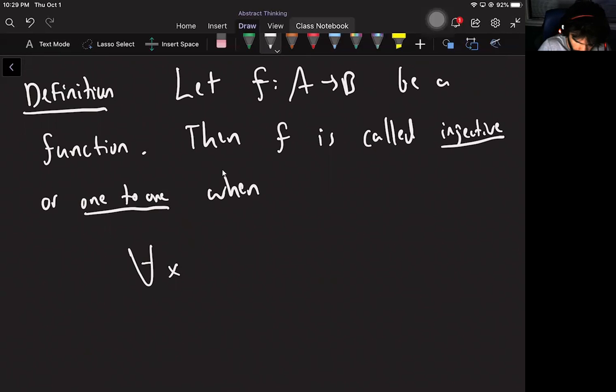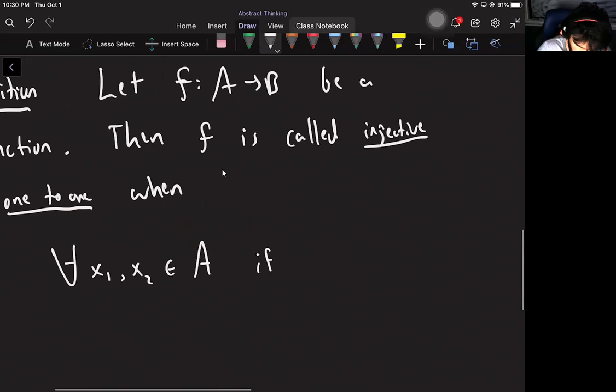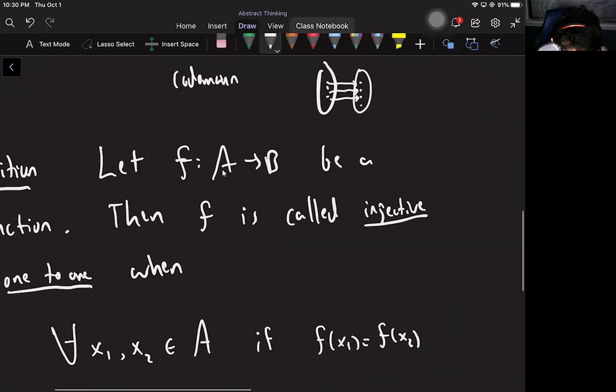So whenever you have two inputs, actually because people like x to be their inputs, I'm going to call them x1 and x2. So whenever you have a pair of inputs, meaning they're in the domain, if you plug them both in and they go to the same output, well, that would be bad, right? Because we don't want that.